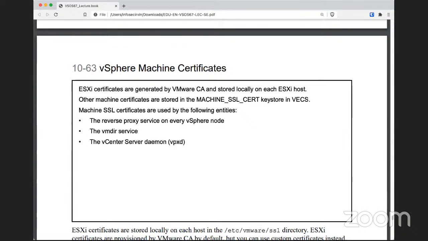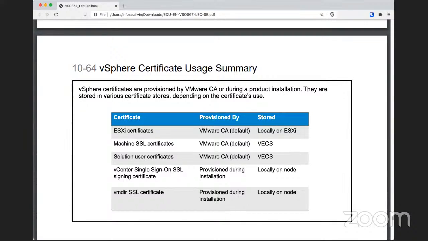Machine certificates are generated by the VMware CA and stored locally on each host. And those have 3: the reverse proxy, VMDir, and vCenter. Here's a summary of those slides put together in a chart. What they are, who creates them, and where they're stored.